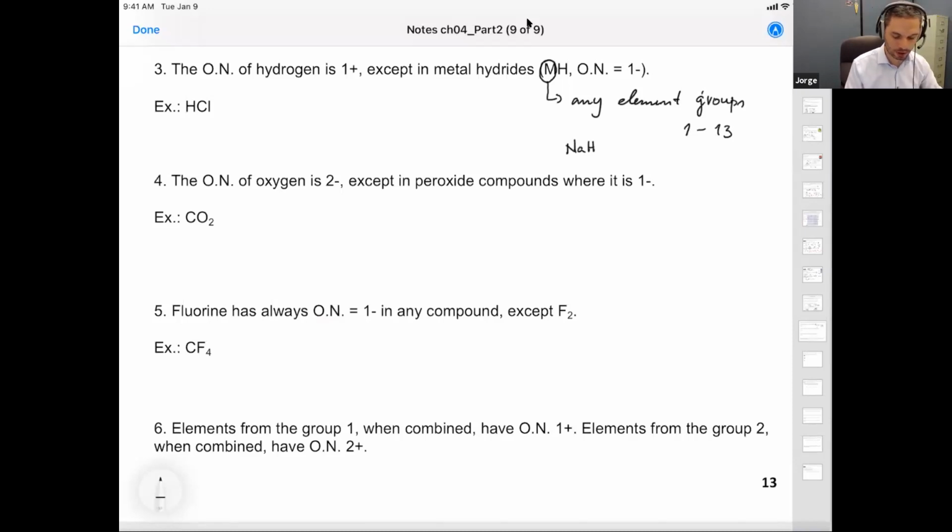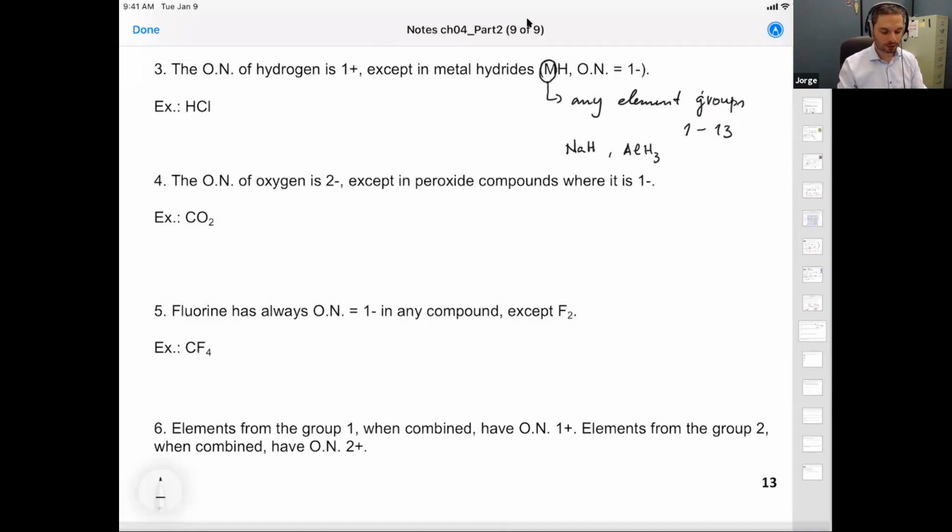This is a metal hydride because sodium is from group 1. Or for example, aluminum hydride, AlH3, that's also a metal hydride. And in these cases, the oxidation number of hydrogen is 1 minus. For all the other cases, the oxidation number of hydrogen is 1 plus, when combined with an element that's not hydrogen, of course.